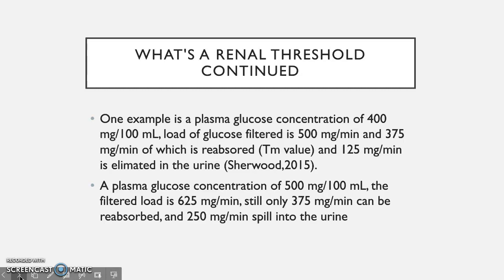A normal plasma glucose concentration is 100 milligrams per 100 milliliters. So when plasma glucose concentrations are high, such as in this example, it will cause health problems.